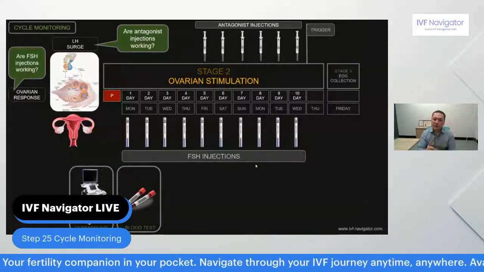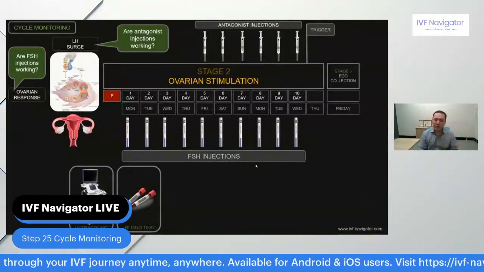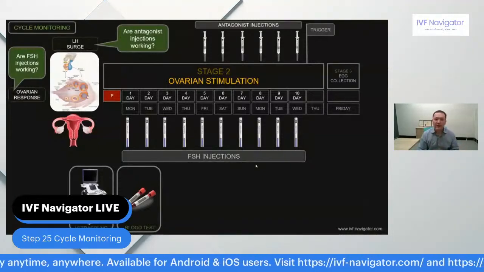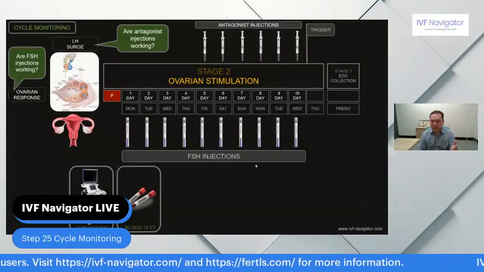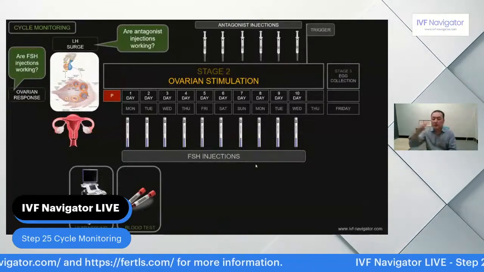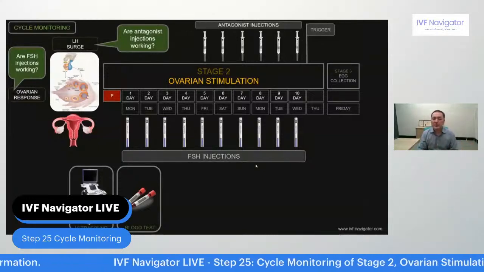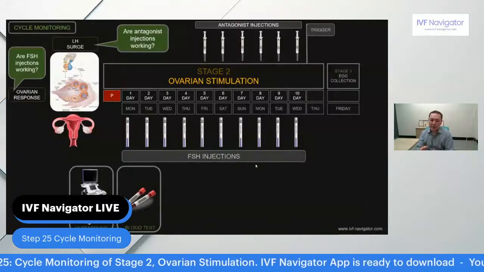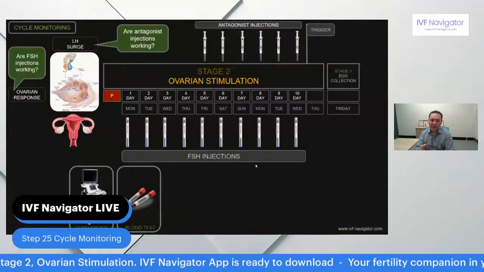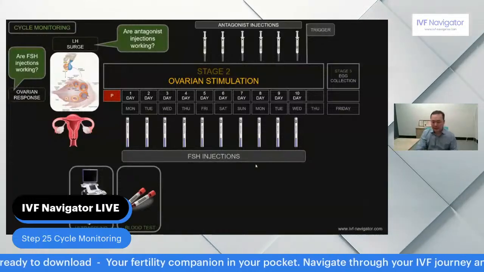If your ovary is not responding to FSH, it may be due to a number of reasons. For example, you may not be giving the injection correctly, or you may need a higher dose of FSH, which means we may need to increase the FSH dose. There could be various reasons. This is why we have to monitor to find out whether you are responding to the FSH injection and, as a result, whether you are producing follicles and mature eggs.